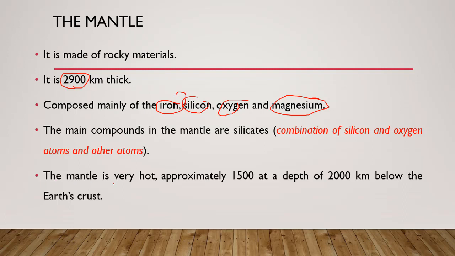The mantle is very hot, approximately 1500 degrees Celsius, at a depth of 2,000 kilometers below the earth. The mantle is very hot, right? And the temperature of the mantle is approximately 1500 degrees, and this is at the depth of 2,000 kilometers.